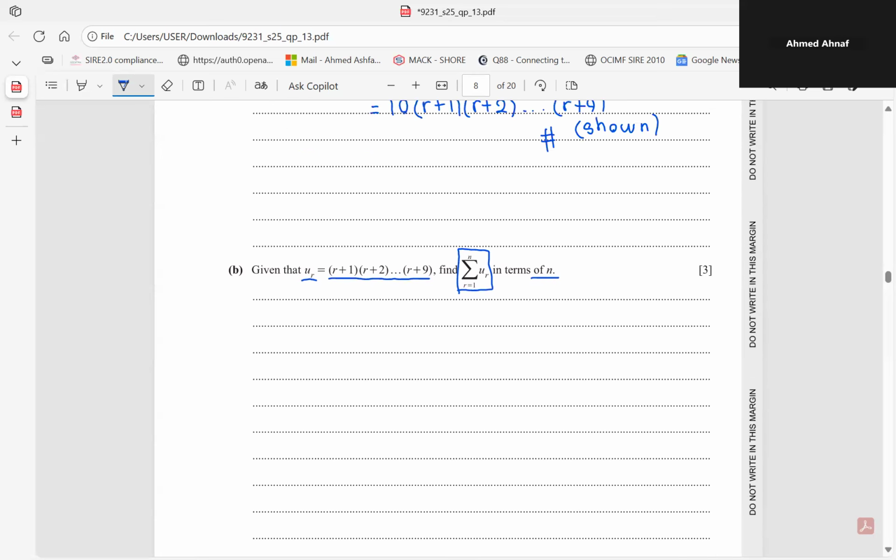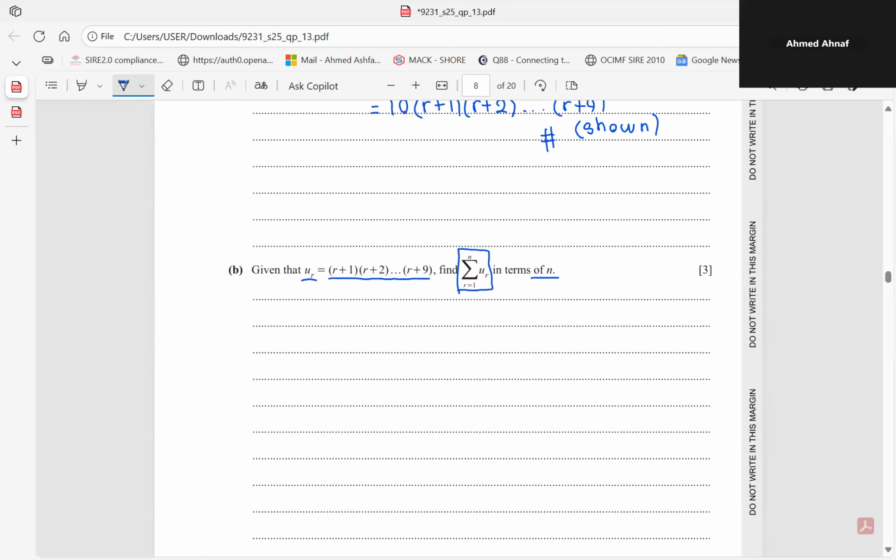The reason we did this is that by having a difference, we can use our method of differences to easily evaluate this answer. So let's take out any constant terms, so let's take out 1 over 10, and now we just have WR plus 1 minus WR.